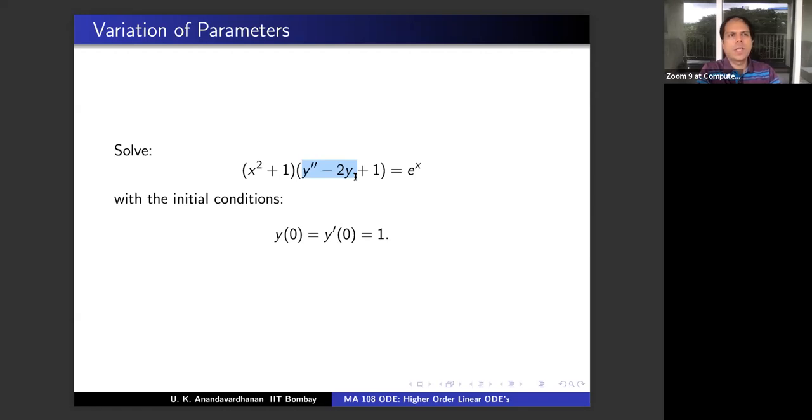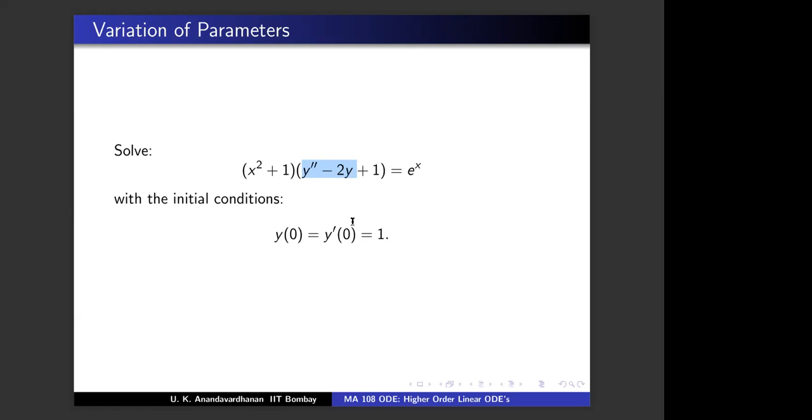And you would have got the answer to be C1 e power root 2x plus C2 e power minus root 2x plus whatever particular solution you have found. That is y. Take derivative, you will get y prime. Apply y of 0 is 1, y prime of 0 equal to 1, so that you can evaluate C1 and C2. So that will be the solution.